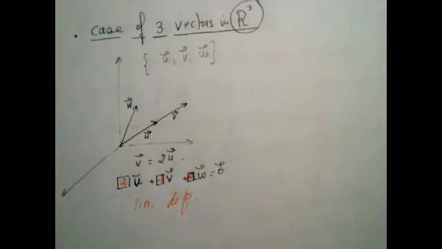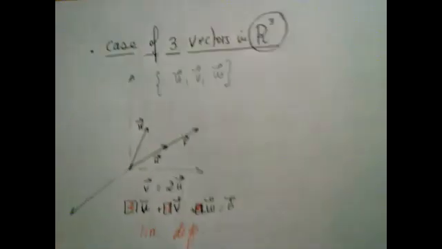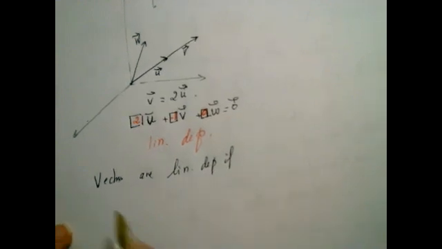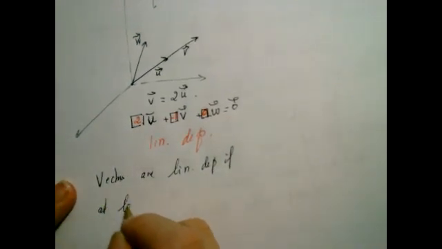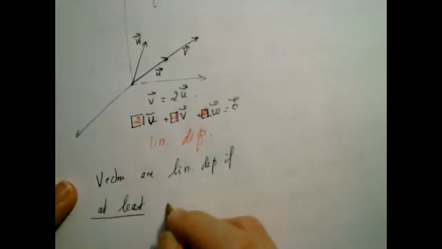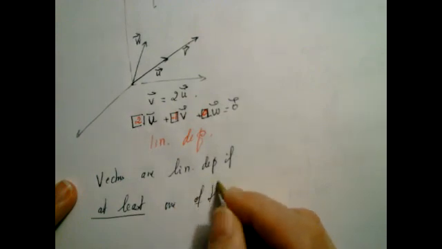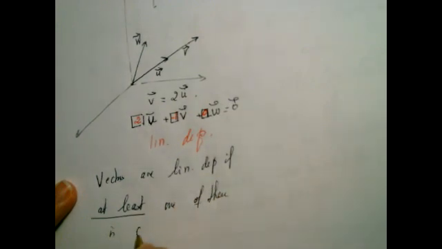And now I go back to my characterization that a lot of you are writing on the board. Characterization: vectors are linearly dependent if at least one of them, I didn't say every one of them, at least one of them is a linear combination of the others.